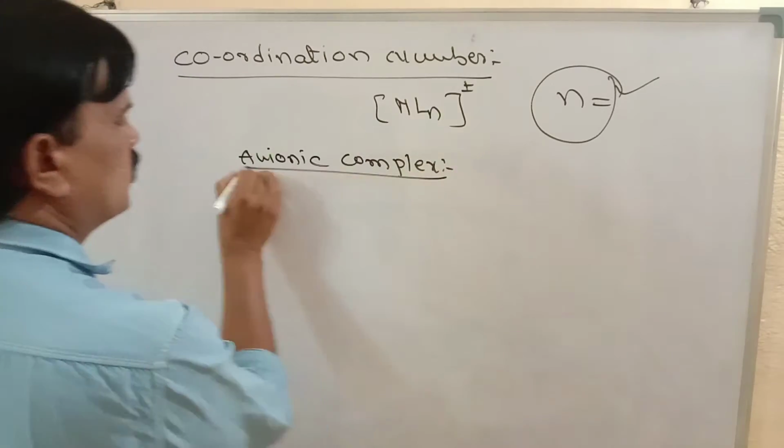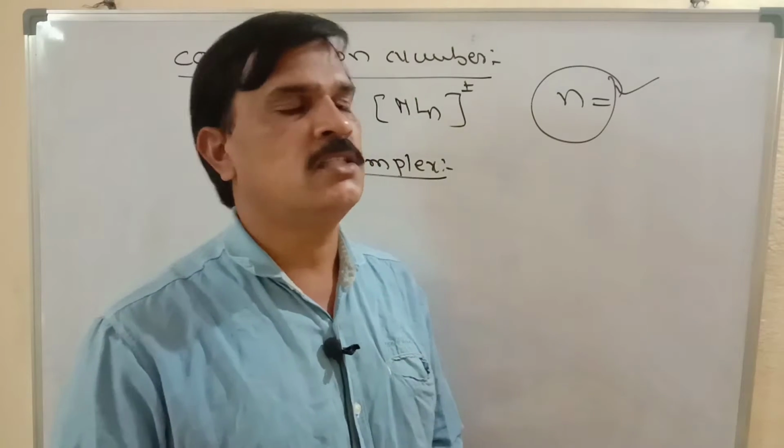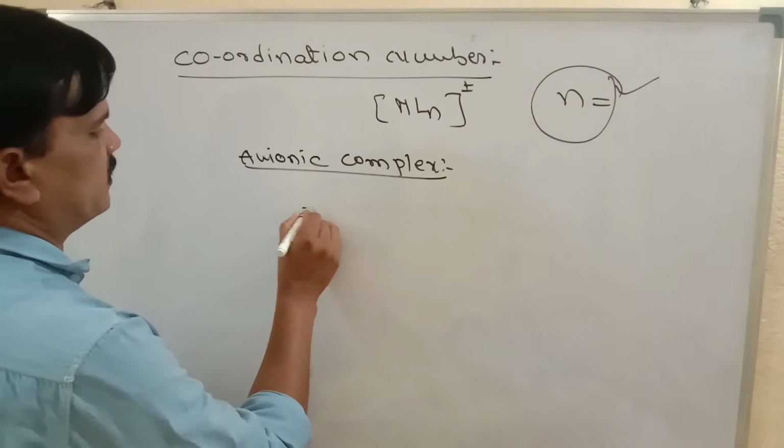Anionic complex compounds means the complex entity which acquires a negative charge. For example, [PtCl4]2-. This complex acquires a negative charge, so it is known as an anionic complex compound.